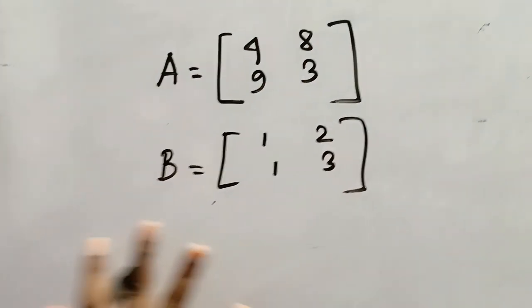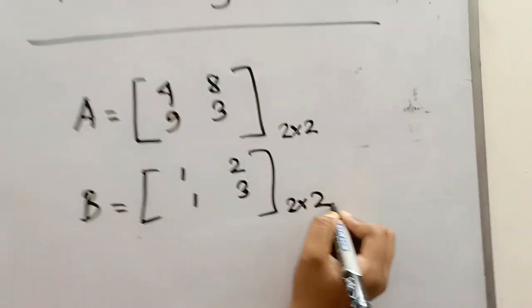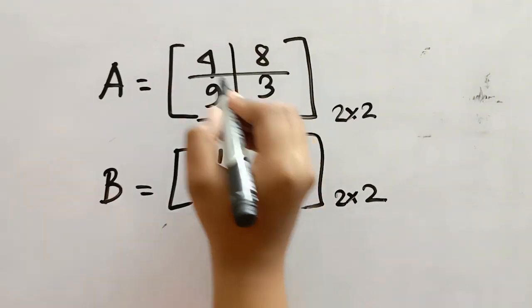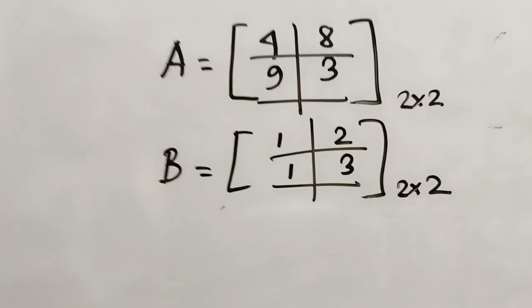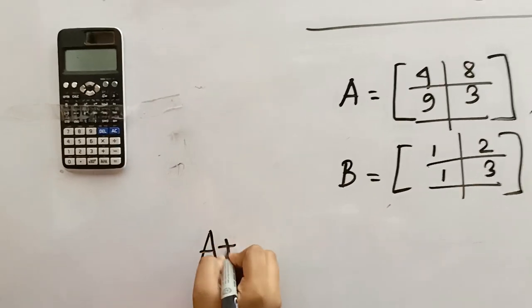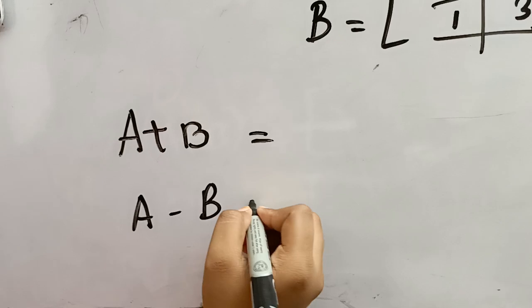By seeing the structure, we can identify that both are 2 by 2 matrices, which means there are 2 rows and 2 columns. So now we are going to find out A plus B equal and A minus B equal.